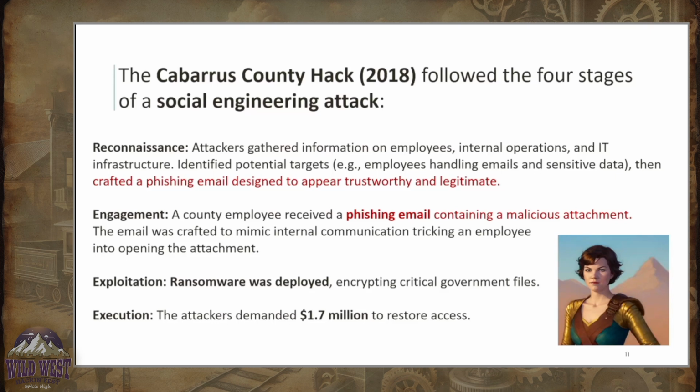In the engagement phase, the county employee received a phishing email containing a malicious attachment. The email was crafted to mimic internal communication, tricking the employee into opening the attachment because he didn't see anything suspicious, just another email from a colleague. Then the ransomware was deployed in the exploitation phase, encrypting critical government files. And in the execution phase, the attacker demanded a ransom to restore access.